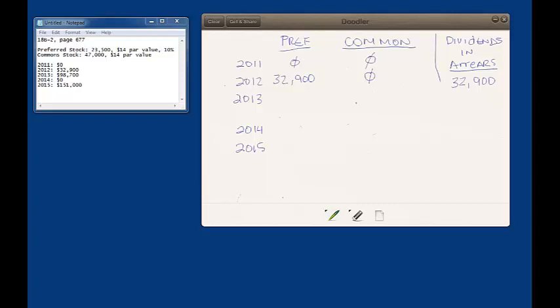Okay, 2013. We have 98,700 dividends to pay. So, first we pay the dividends in arrears. Okay. So let's see what we have left to work with.